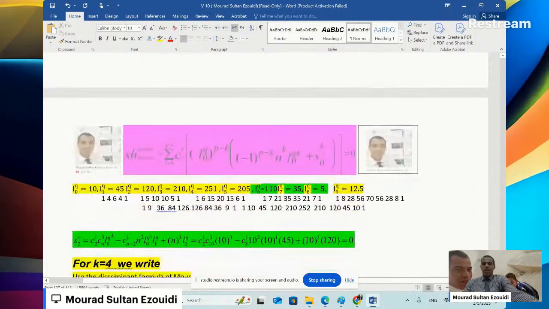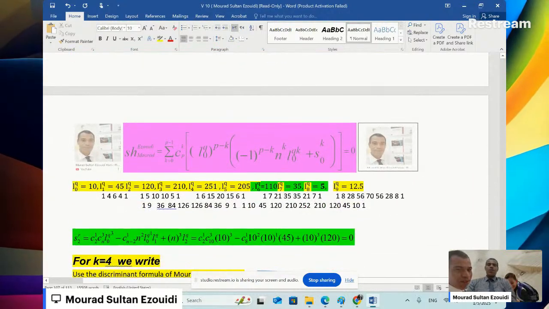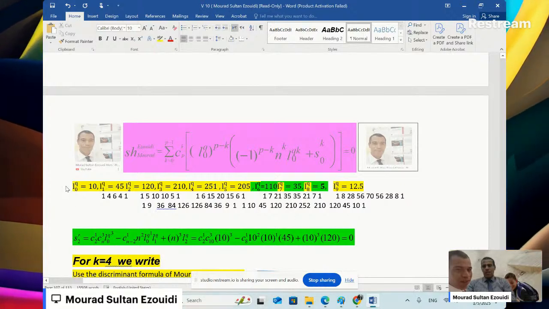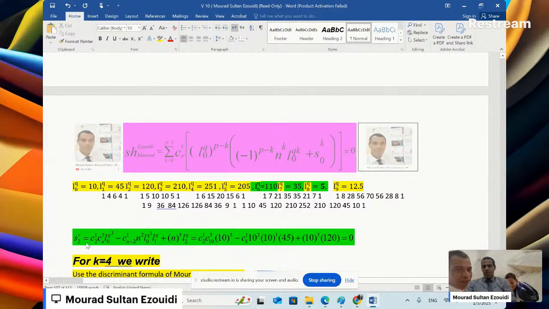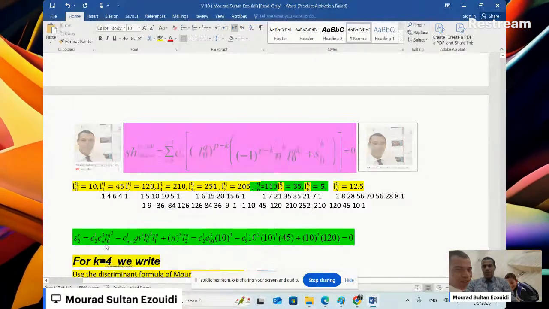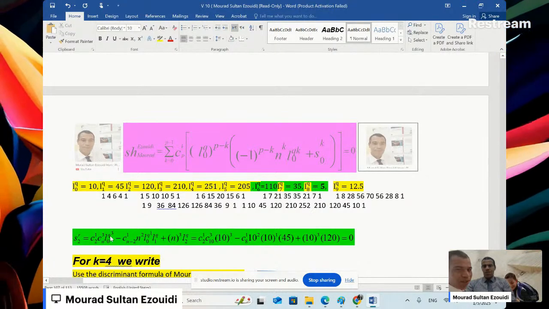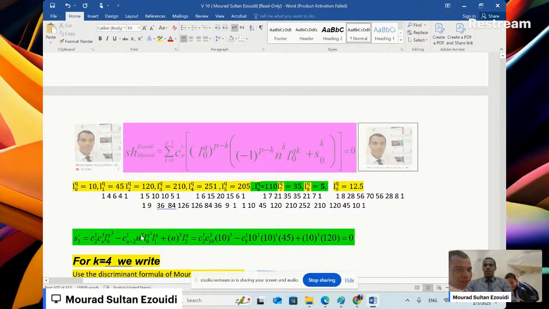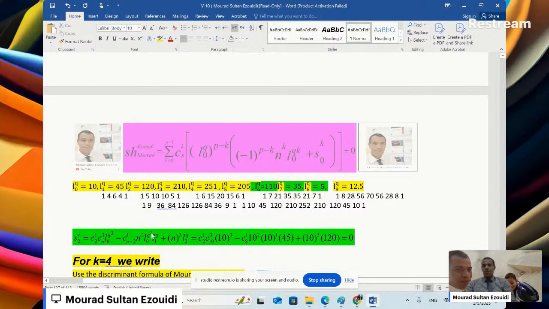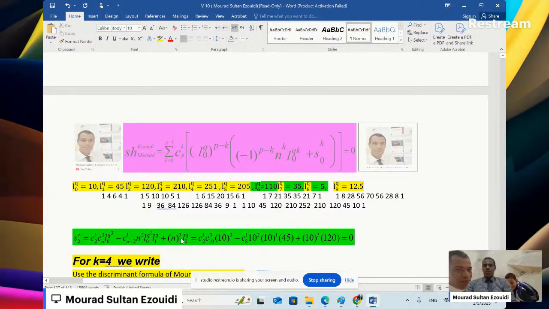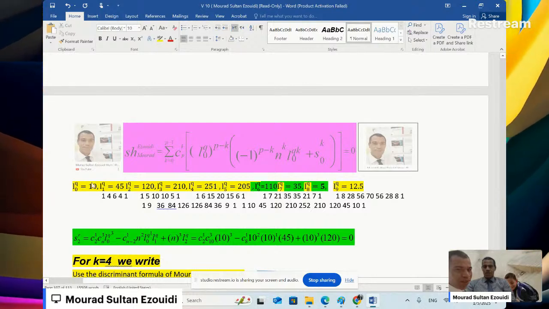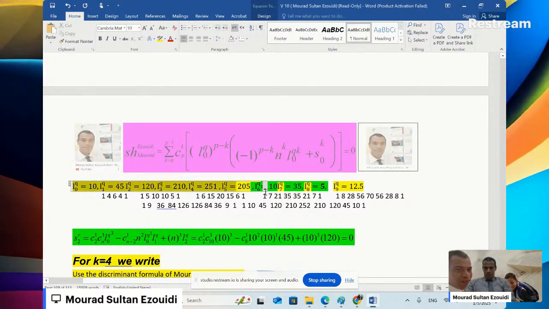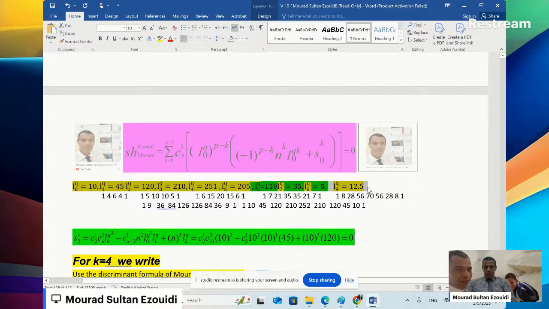To find S2, go back to the discrete formula and replace k with 2. Then you are going to obtain the last formula: S2 equals combination 2 choose 1 times combination n choose 3 times a0 to the power 3 minus combination n minus 2 choose 1 and squared times a0 raised to the power 1 times a1 plus n times a2. Then replace with their coefficients.